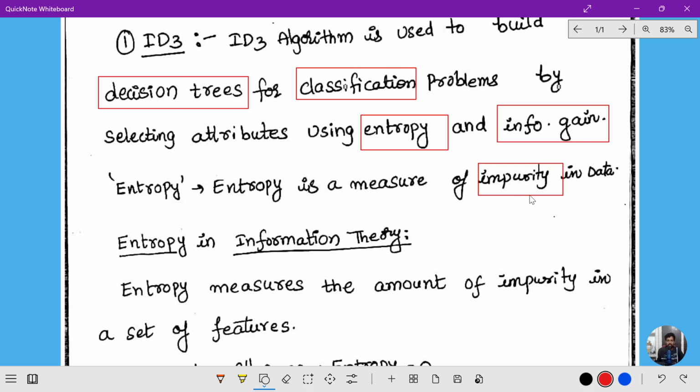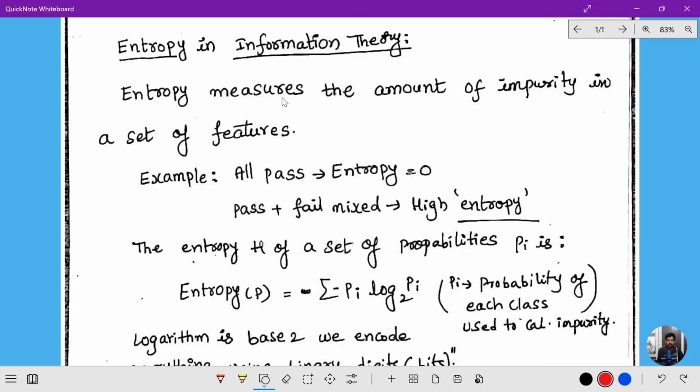When I say impurity, the data is going to be wrong. So what is the meaning of entropy? It is a measure of impurity in data. So how much percentage the purity of the data is there. Okay, now we'll see what the meaning of entropy is in information theory.